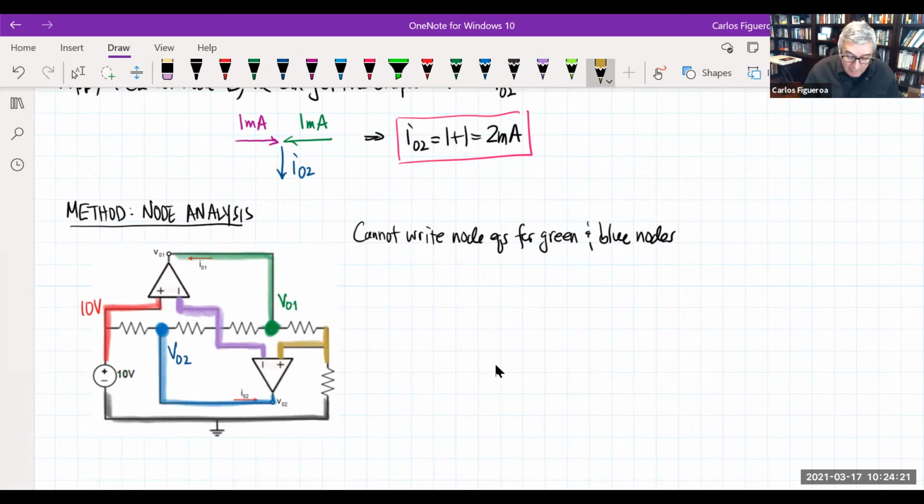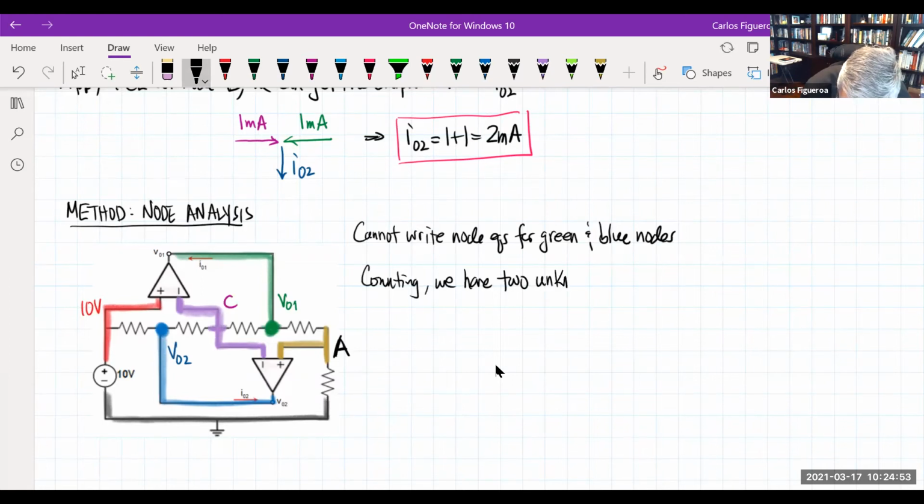Sticking with the same numbering scheme as before, I'll call this node A, and this node over here C. So I have 2 node equations. If I do the counting, we have 2 unknown node voltages.